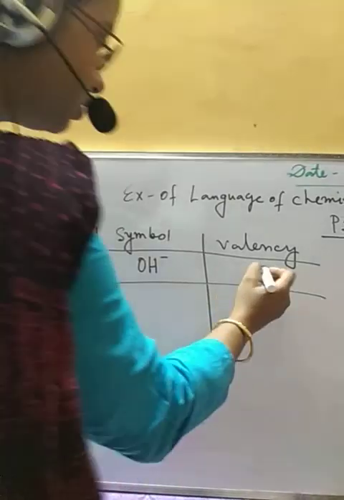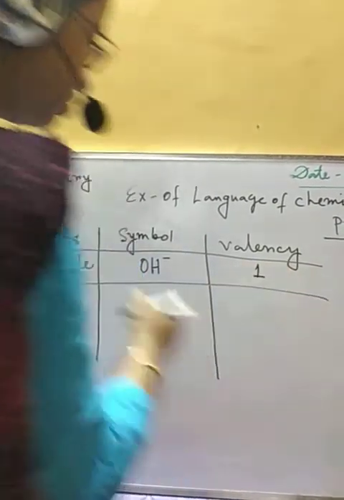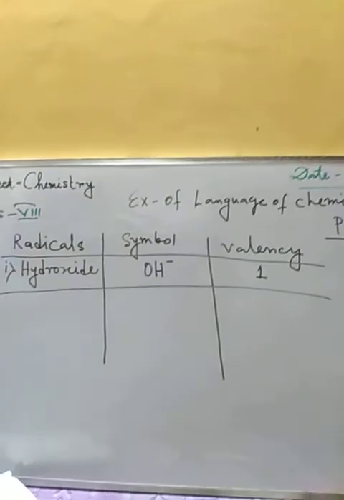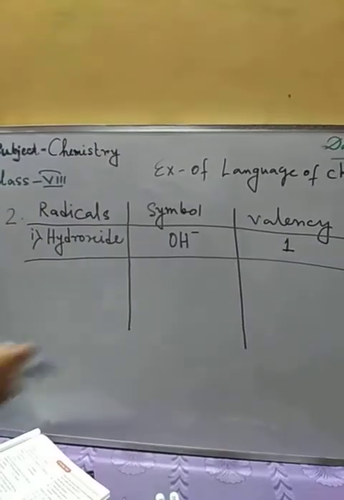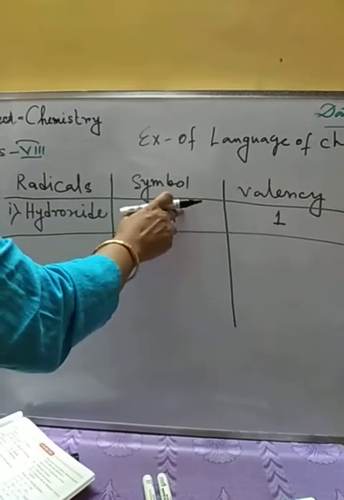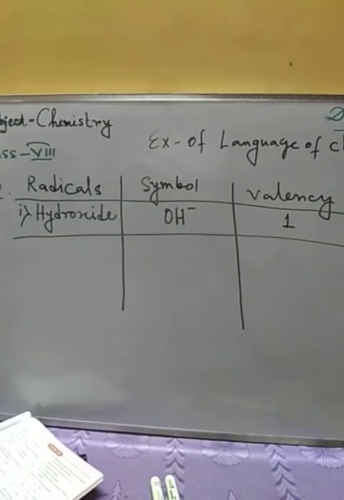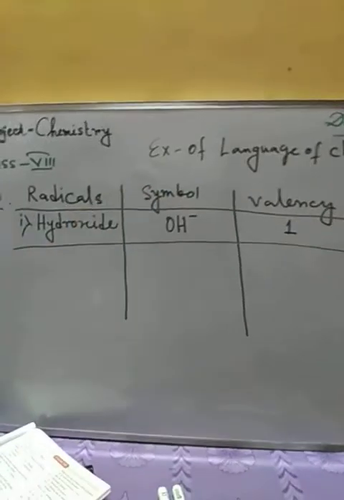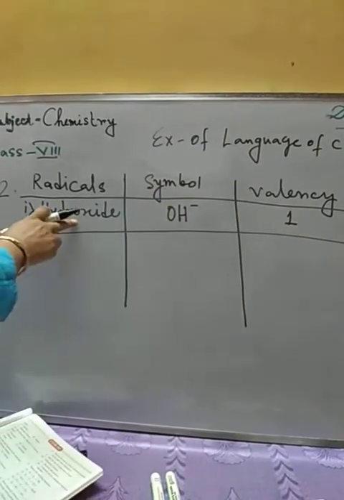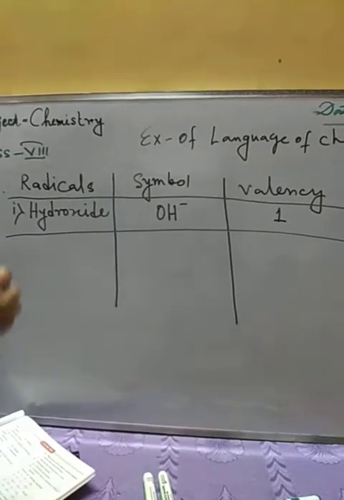Its valency is 1. Valency is nothing but the number of positive or negative charges on it. Irrespective of the sign, we will take the number of charges. Here 1 unit of negative charge is there, so that will be the valency of the radical. So hydroxide is OH minus.